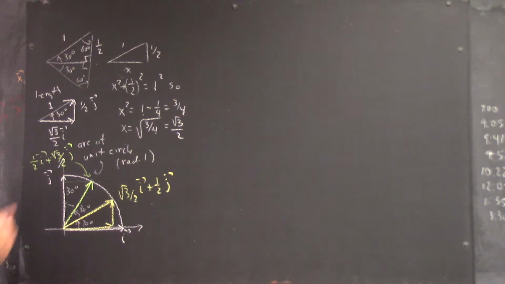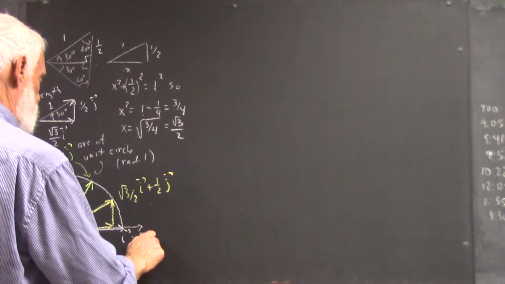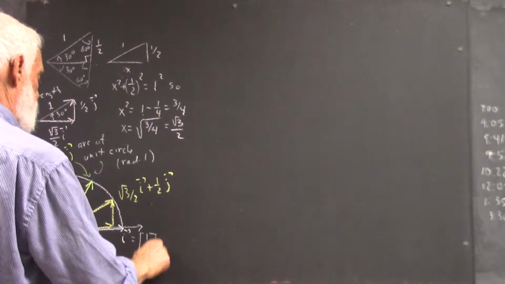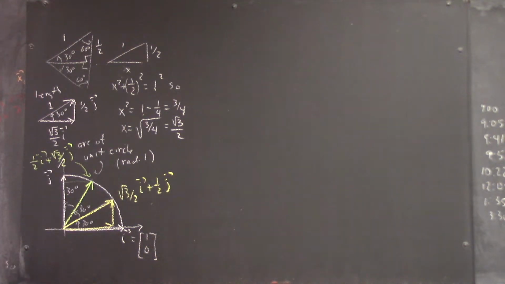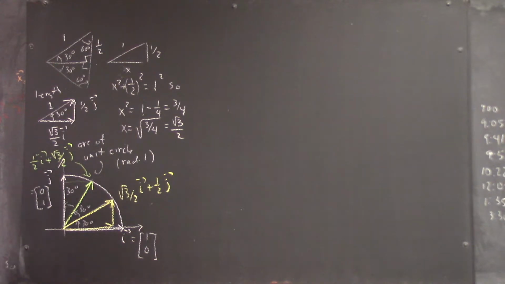Now, in column notation, i would be 1, 0, right? And j would be 0, 1.